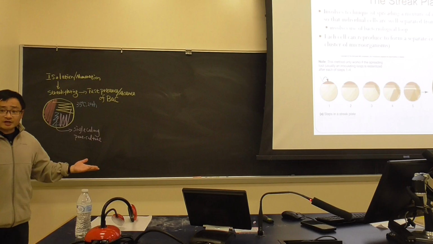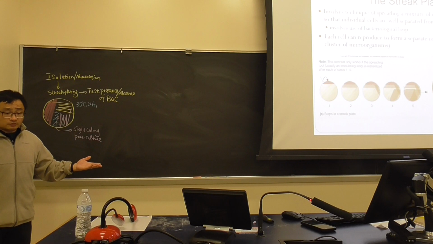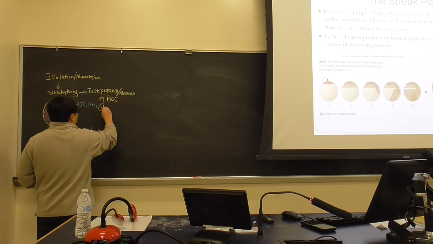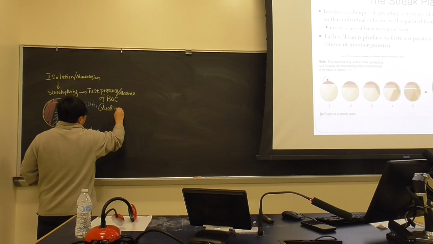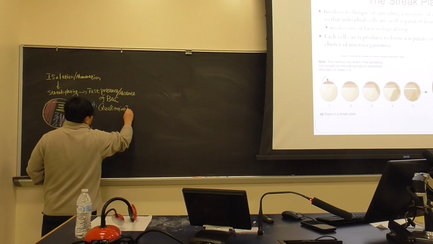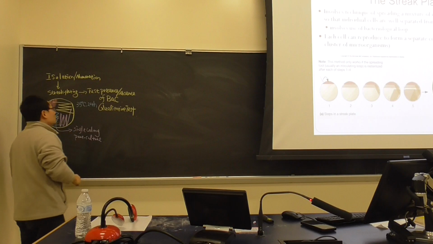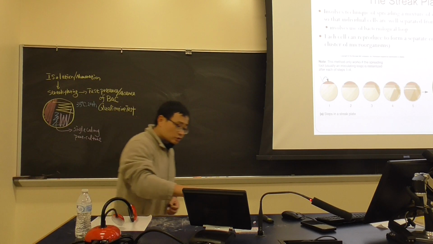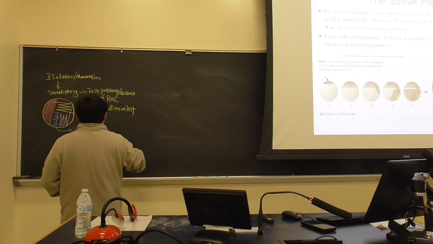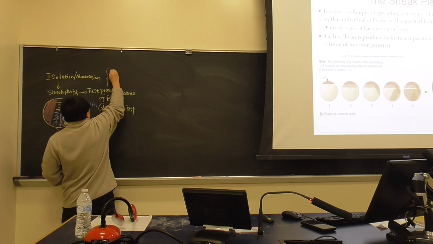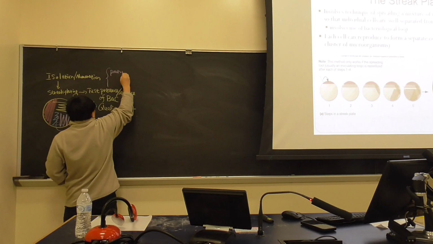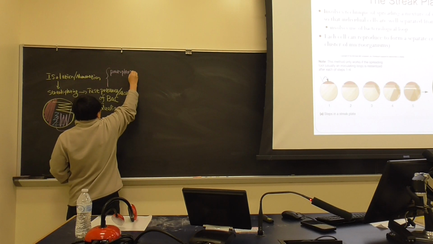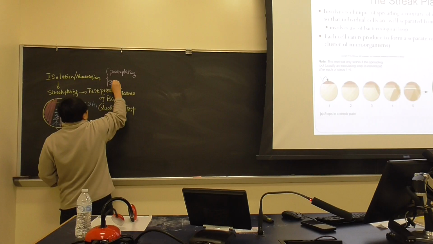But we don't know the exact number. So we call this a qualitative test. Okay, how do we get the exact number? That's called enumeration. There are two methods we can use: pour plating and spread plating.